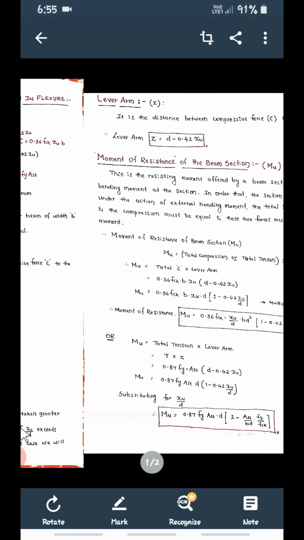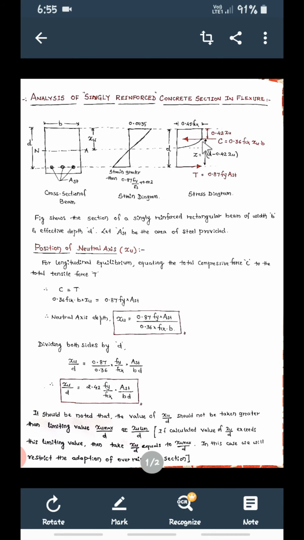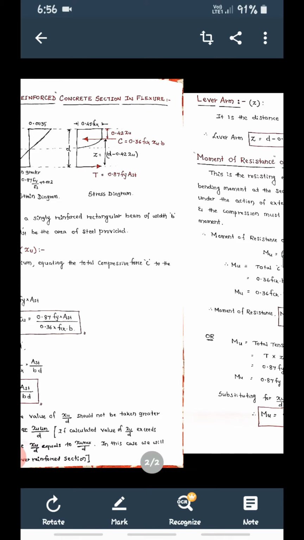Then as we have discussed, lever arm. What is lever arm? It is indicated as Z. It is nothing but the distance between total compressive force C and total tensile force T. So lever arm Z is equal to D minus 0.42 XU.